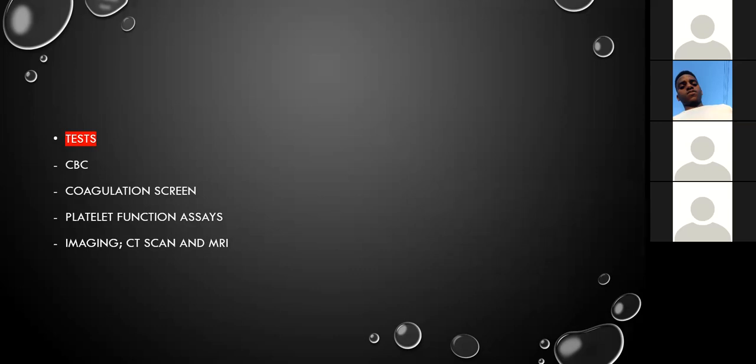So these, at the end of the day, would help in staging for the case of tumors. But if you're not suspecting a tumor, and even in your examination, there's nothing that is suggestive of a tumor, there's no need for a CT scan or an MRI. So you could as well just manage the patient.